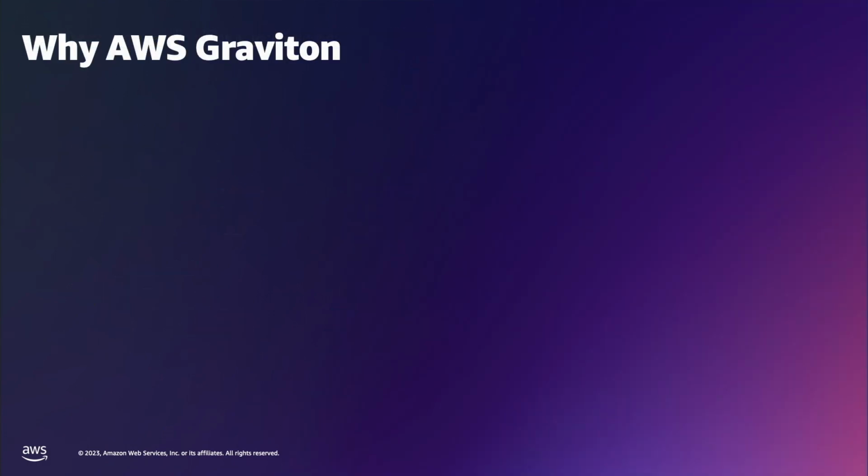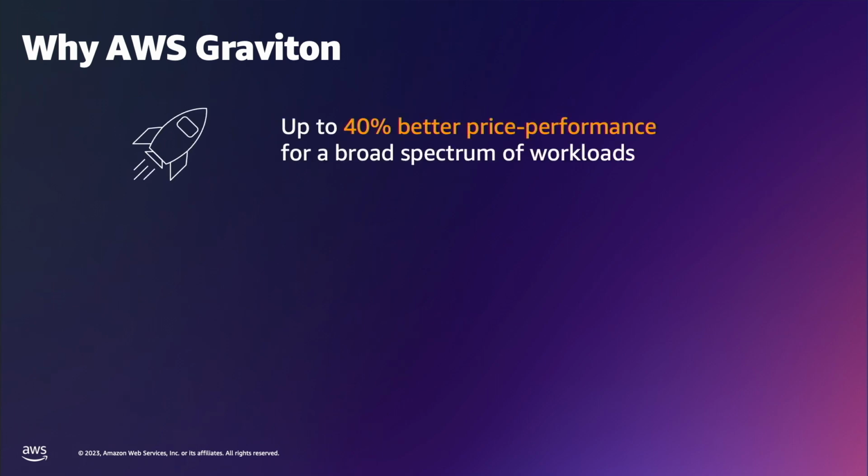And what does it mean for you? So again, why should I adopt Graviton? We have seen that if you compare a Graviton instance with an x86 instance with comparable metrics, you usually have up to 40% better price performance than the other instance.